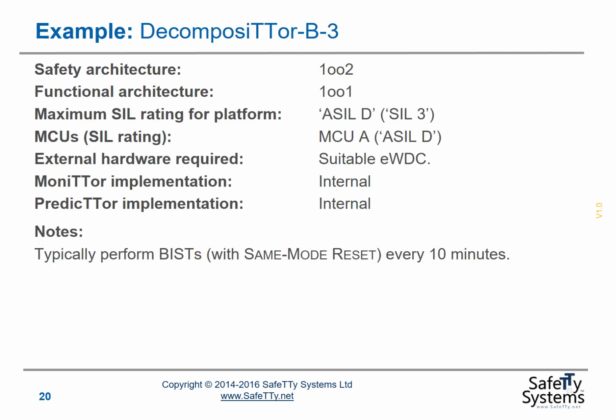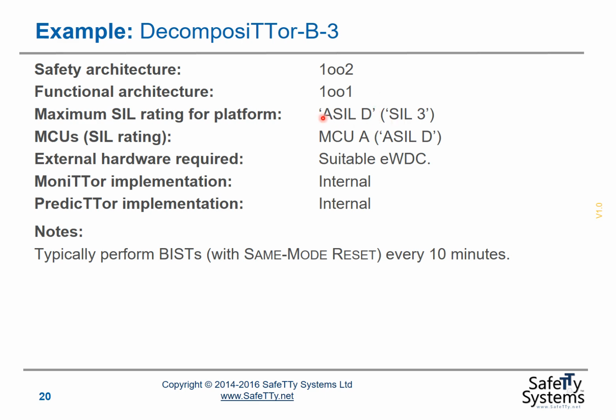As an example, this is what a decompositor B3 design might look like. This is a safety architecture which is again 1 out of 2. There's one microcontroller and an external watchdog controller device. If we have a 1 out of 2 safety architecture, we only have one microcontroller, so it's a 1 out of 1 functional architecture.